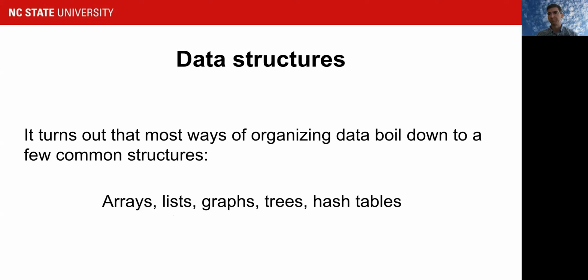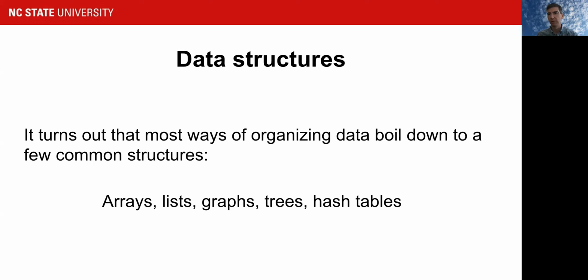An array is a really helpful way for collecting things together in memory. Unfortunately, arrays are not good at everything. And so, that led to people looking at things like lists that are a little more flexible. And then, over time, we discovered many other structures like graphs, trees, and hash tables.